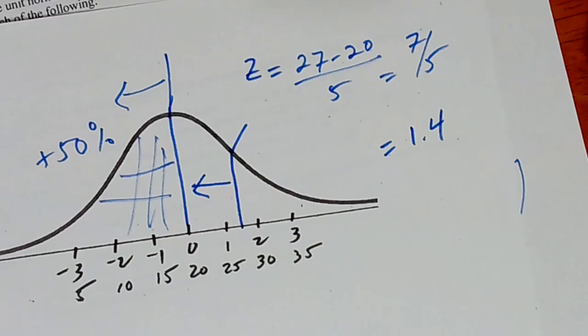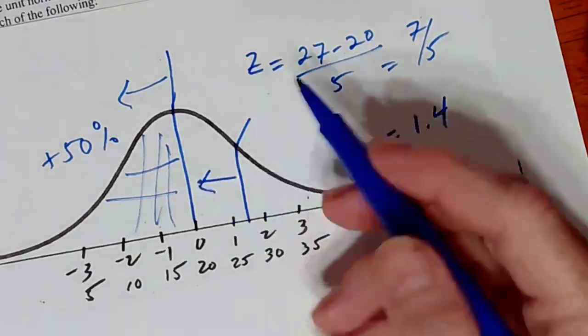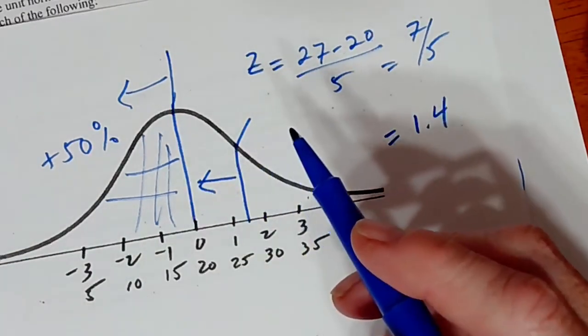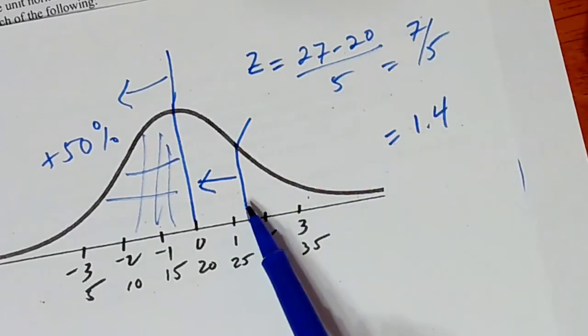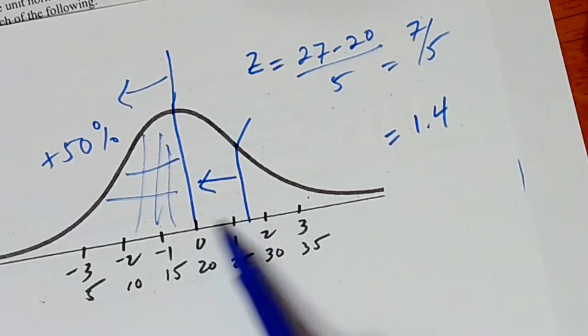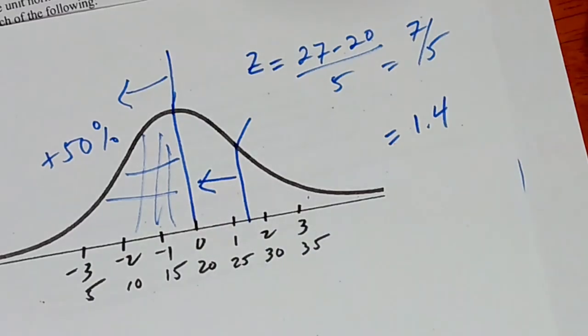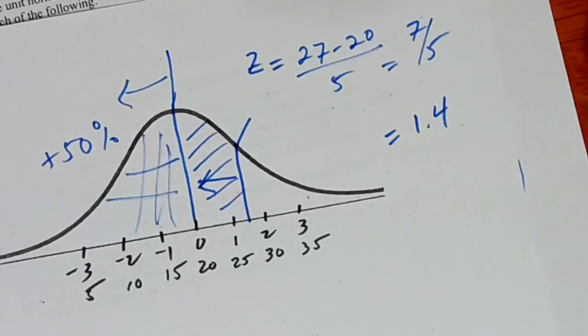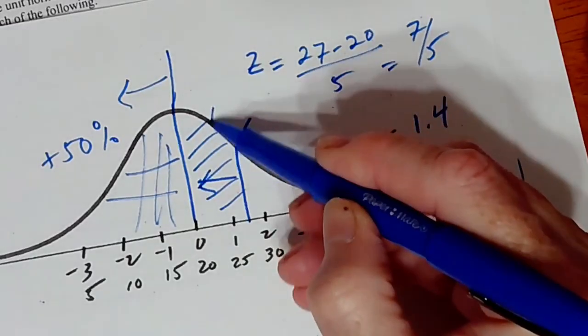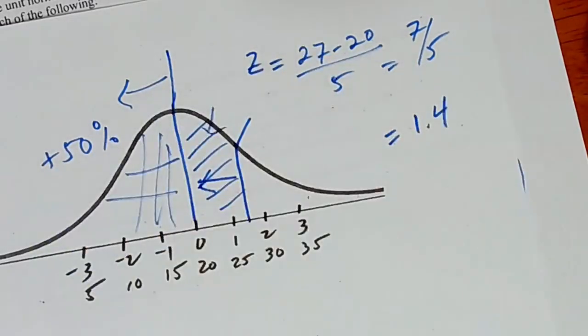Last time, for the 1.4, we used the area beyond, but this time we have to use the area between the mean and Z. This is why shading helps you know what you're looking for: we're looking for this percentage here and then adding 50 to it.